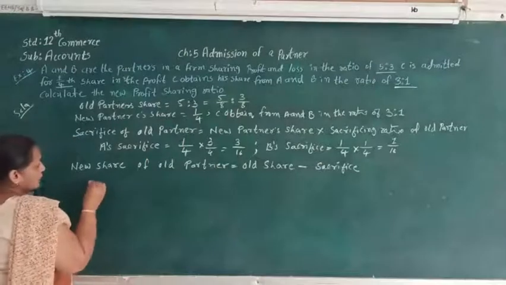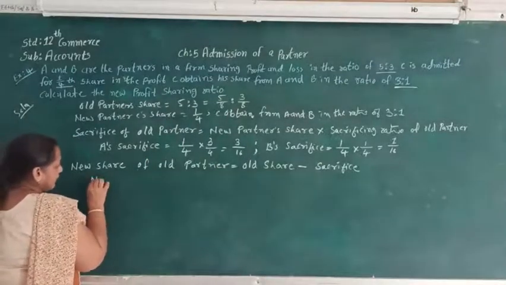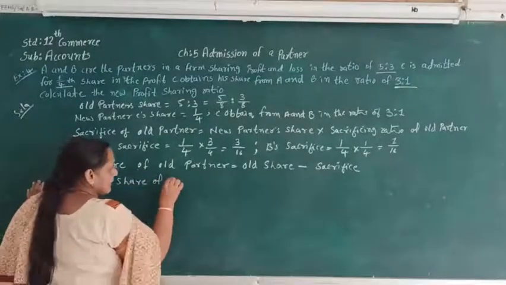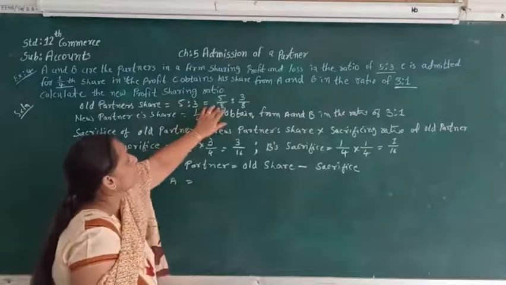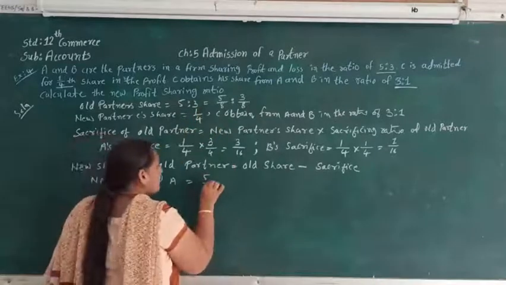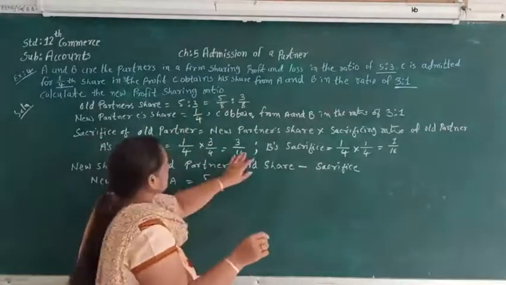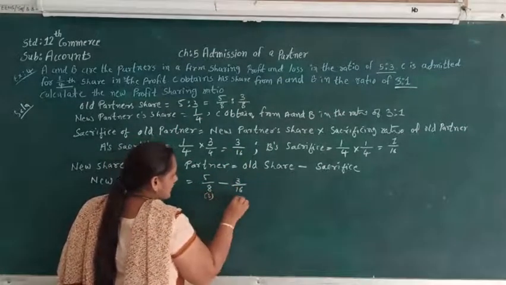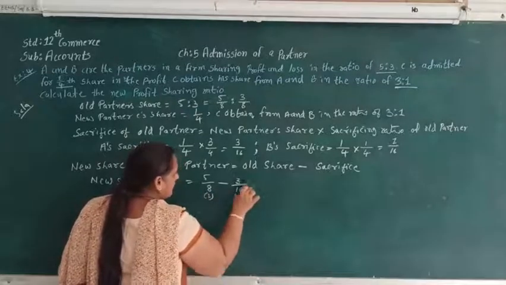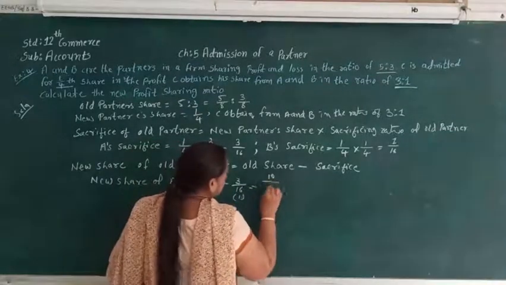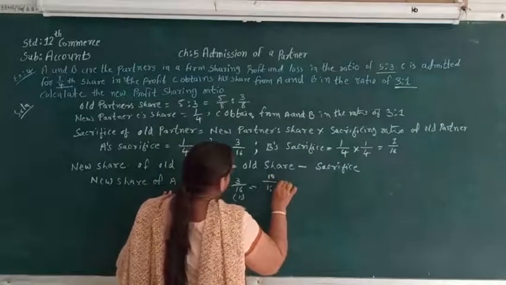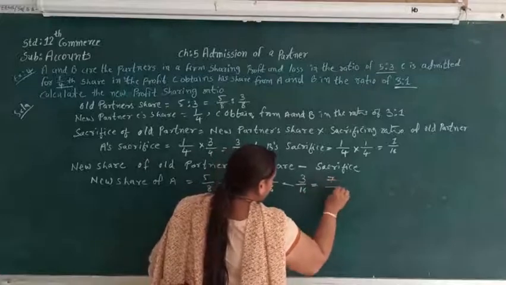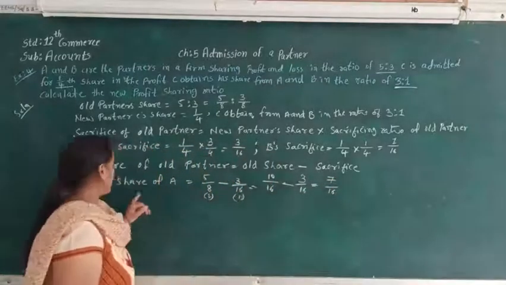So the new share of A is equal to 5 by 8 minus the sacrifice of A, 3 by 16. Making the denominator the same, 5 by 8 is 10 upon 16. 10 upon 16 minus 3 upon 16 will be 7 upon 16. So this is the new share of A.